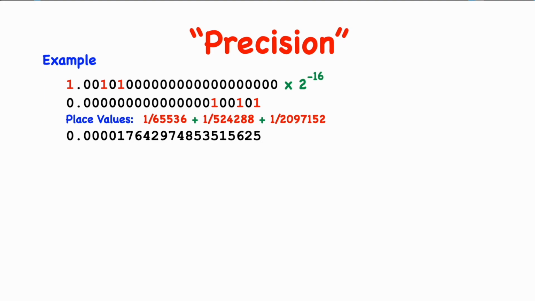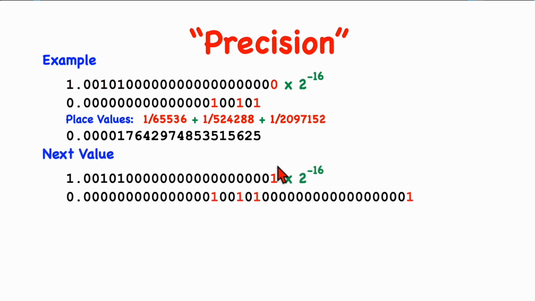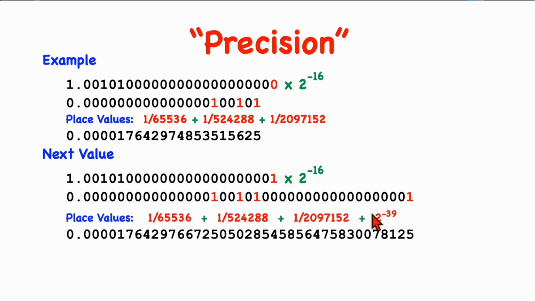Okay, so now let's consider the gap between the values with these small numbers. So let's take this bit and let's go to the next value by changing it to a 1. And so here's the number that we're representing, and this 1 is way out in a position that has a very small multiplier, 2 to the minus 39.